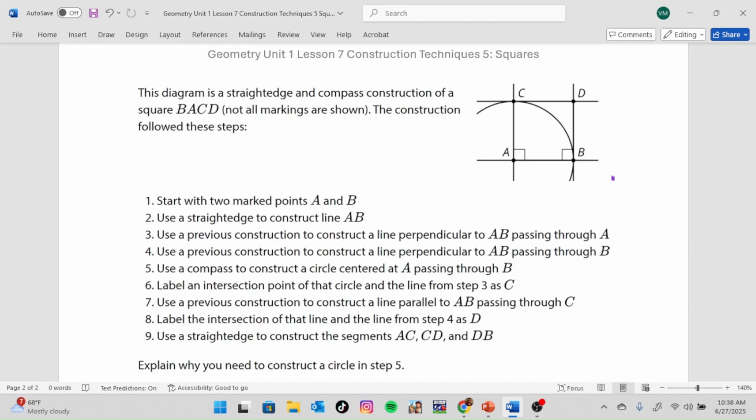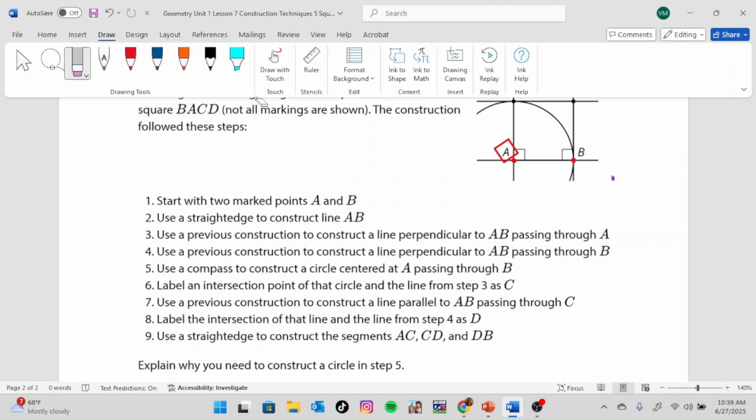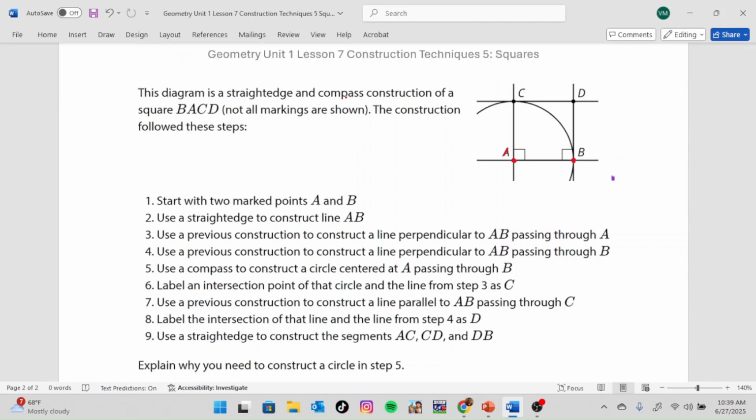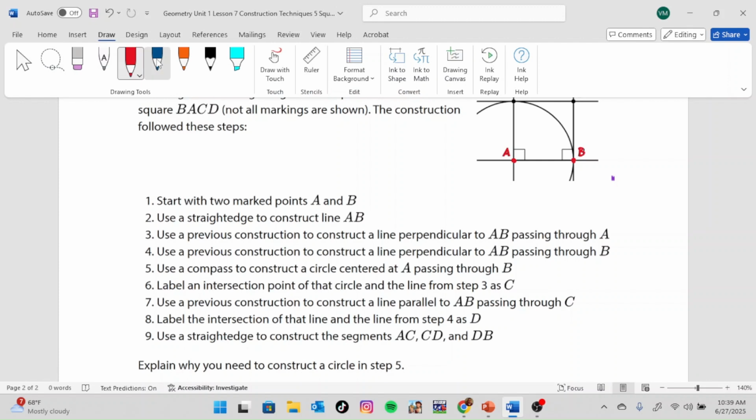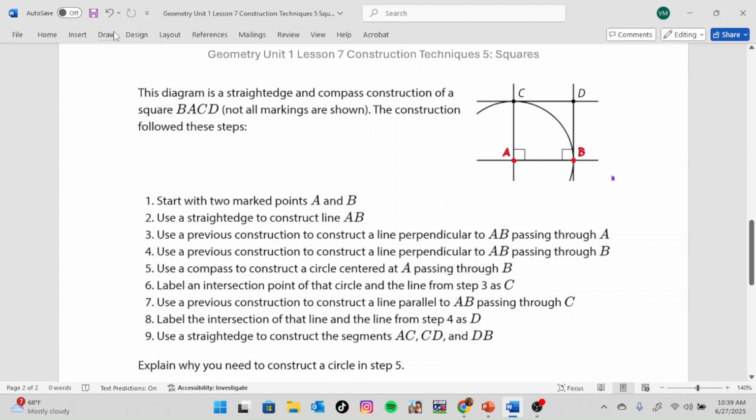Number 1, start with 2 marked points, A and B. So they drew point A, they drew point B, and they labeled them A and B. Step 2.